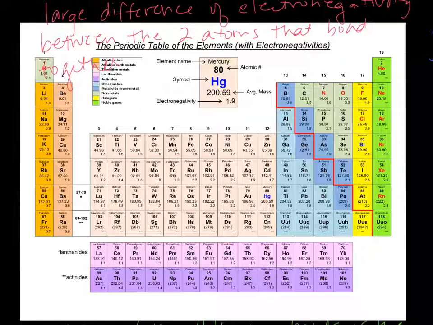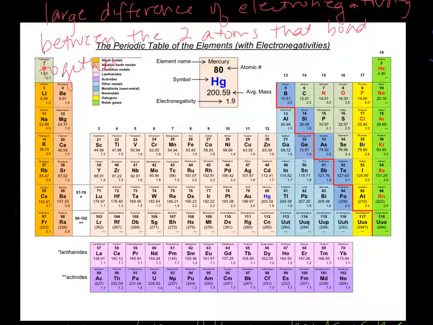There's a very large difference between fluorine and, let's say, potassium. And so that's why when potassium and fluorine make a bond together, it is ionic. Fluorine is so electronegative and can pull so much of the electrons towards itself that it actually pulls one away from potassium, because potassium is not electronegative enough to keep its electrons.